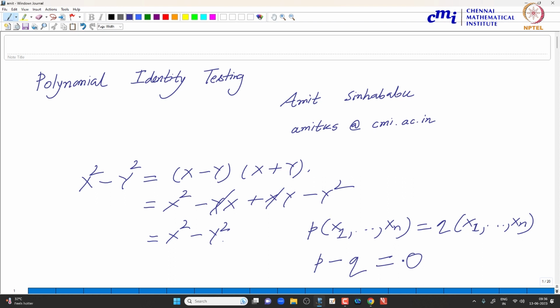So now you may think that we can always algorithmically decide if p minus q equals 0, because we can expand out all the monomials and check monomial by monomial if each coefficient is 0, right? But that would not be an efficient solution. I will show later why it is not efficient.